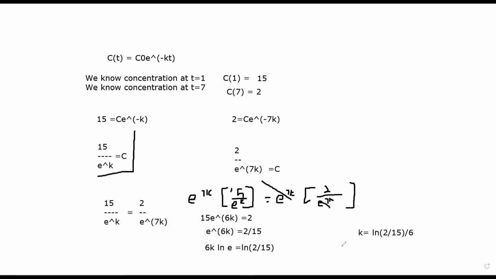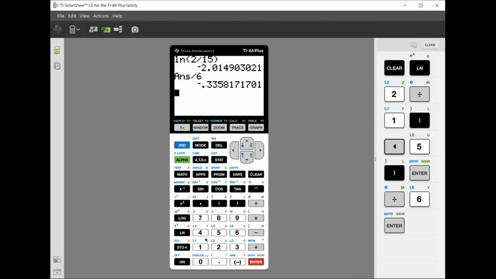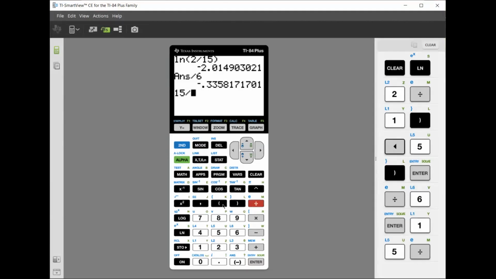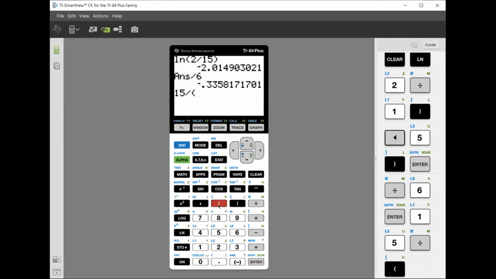You found K. Now use the full number of decimal places, okay? So this doesn't have any logs. It's just 15 divided by e to the power of K. So when you do this, it's 15 divided by, and then you want to use a parenthesis here. Use your E key, which is on top of the natural log.